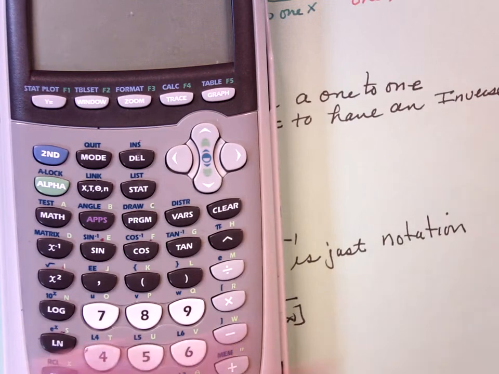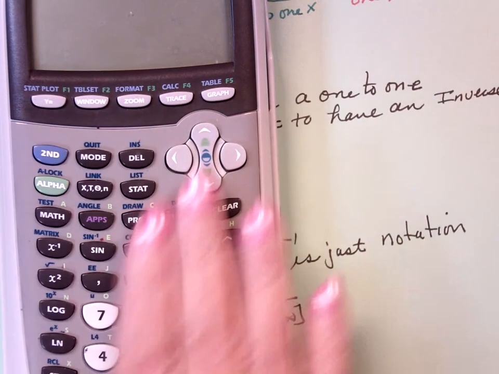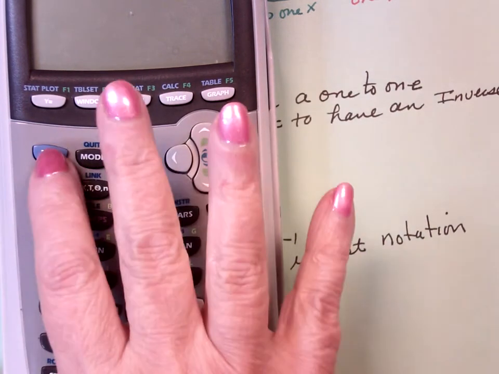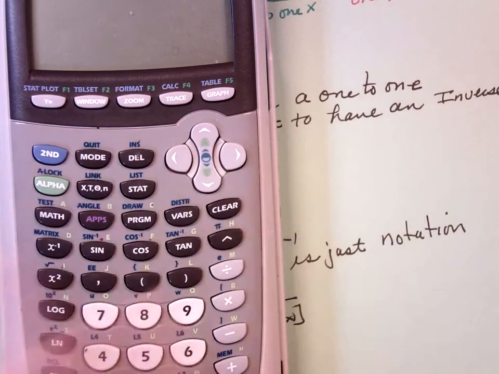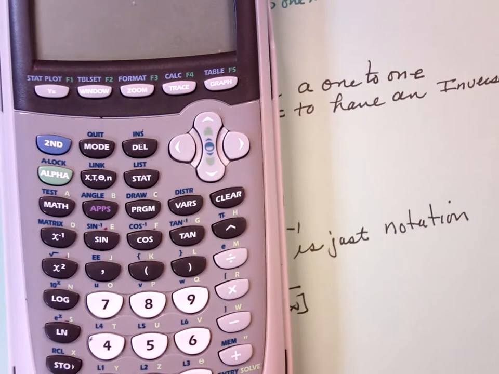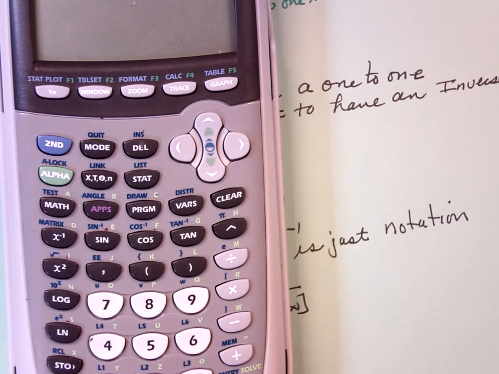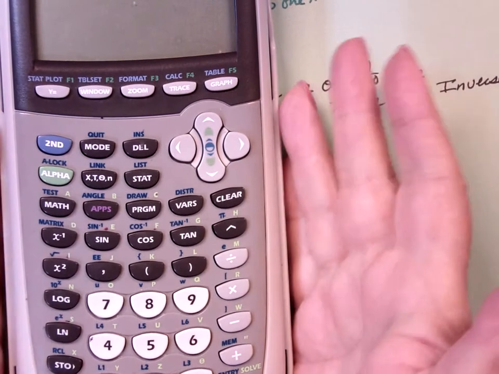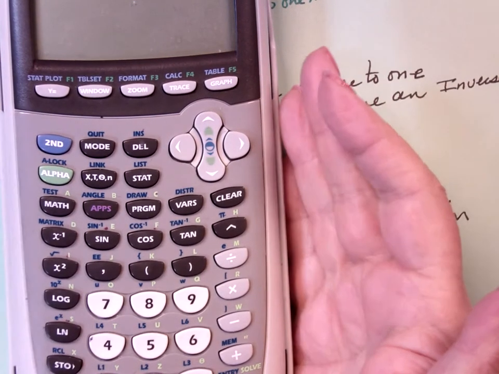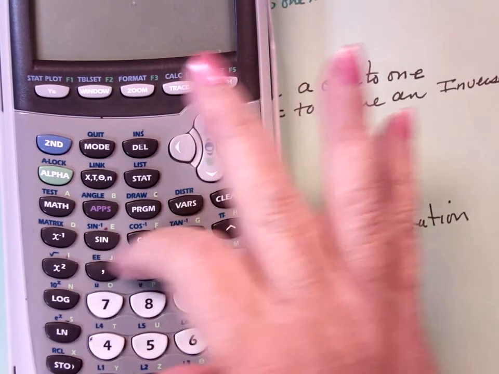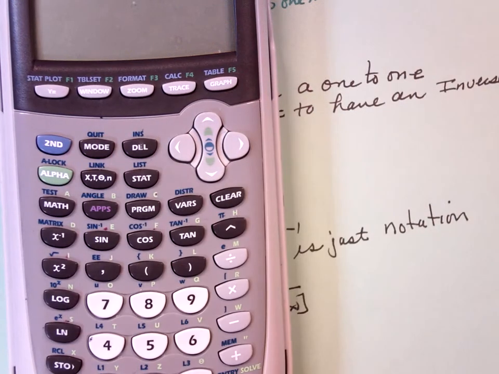Now, in the calculators that first came out, instead of having a second key, the original scientific calculators had an INV key. INV meant inverse. But these things do so much now that you have above the keys things that aren't the inverse.